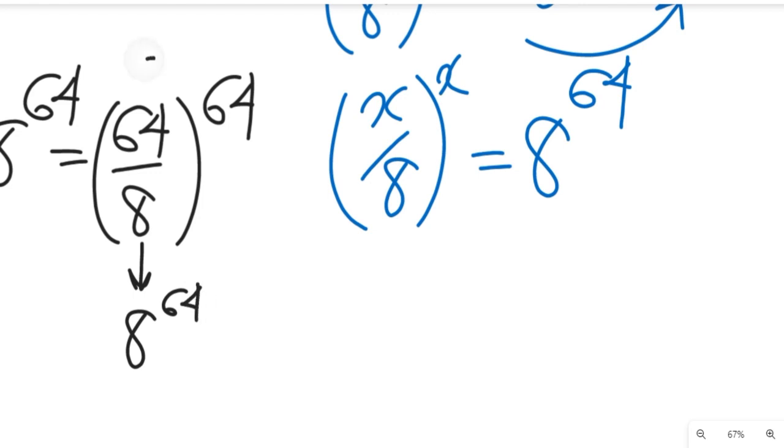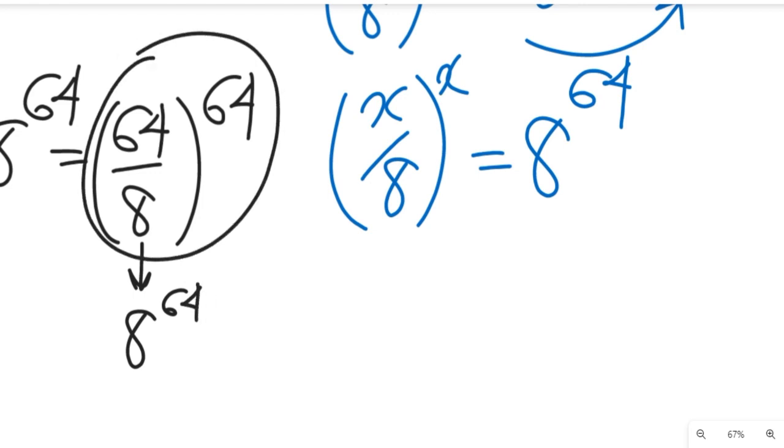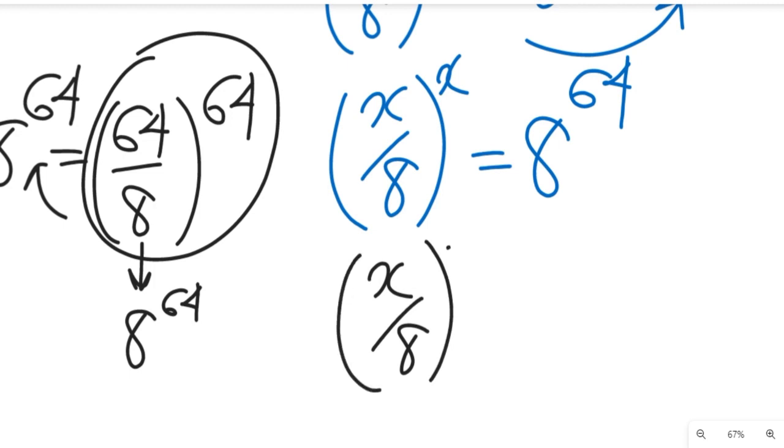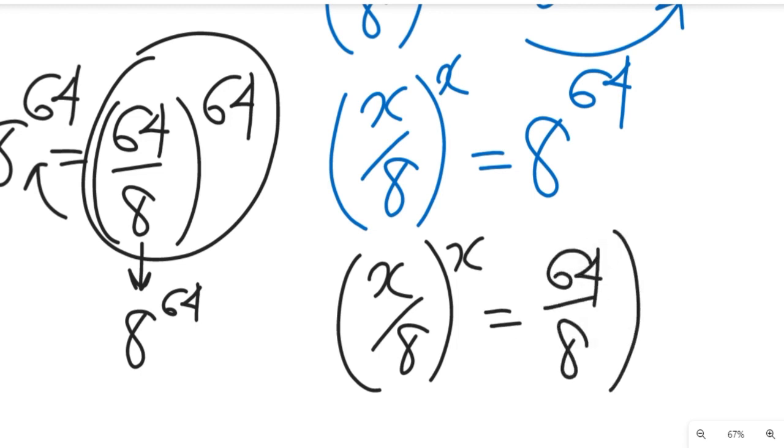So that means this whole thing can still give us this. So if we apply that here, we'll have x divided by 8, all to the power of x, can be equal to 64 divided by 8, all to the power of 64.